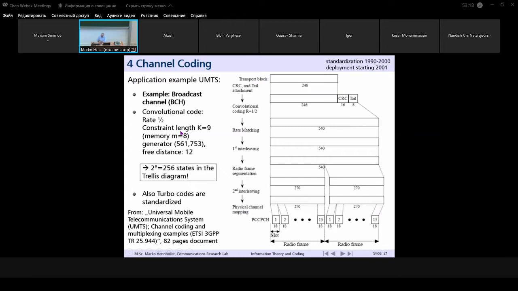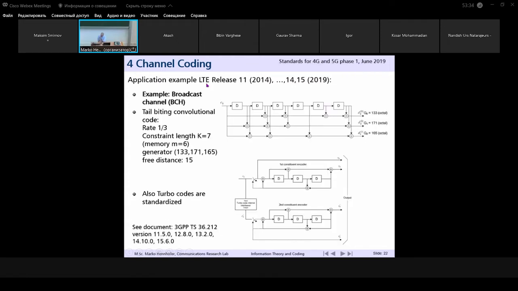Okay, let's see, the story continues. Here we go a bit further. LTE release 11, so this was around 2014, but also still up to 2019, so also still quite recent. There, as I mentioned already, so-called tail-biting convolutional codes were used. So there, we don't use the termination bits anymore.